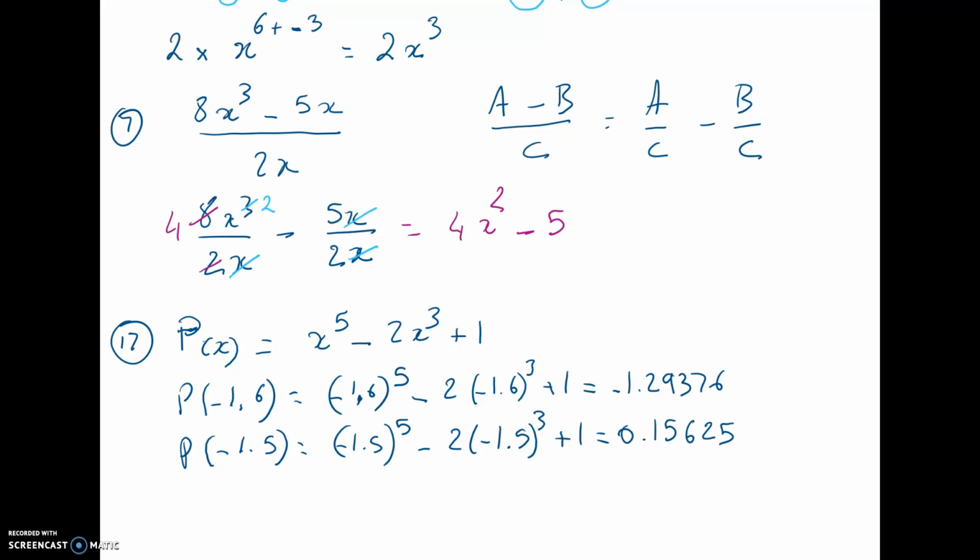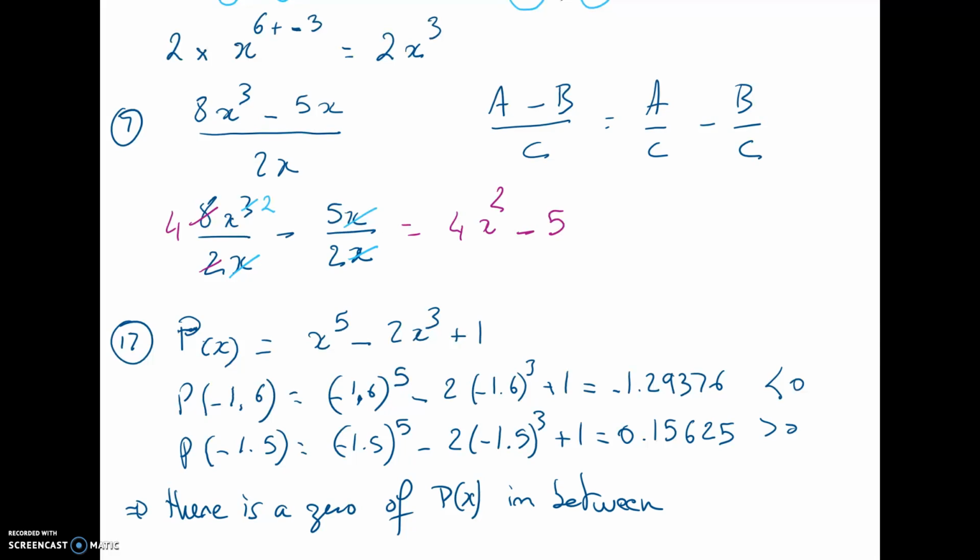So I can clearly see that this is positive and this is negative. That means there is a 0 in between these two values of x, and there is a 0 of the polynomial. So that implies there is a 0 of p of x between x equals negative 1.6 and x equals negative 1.5.